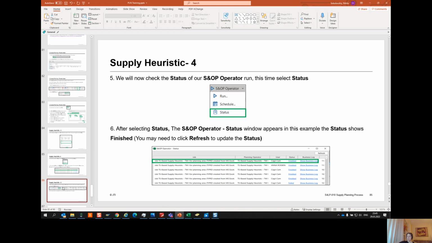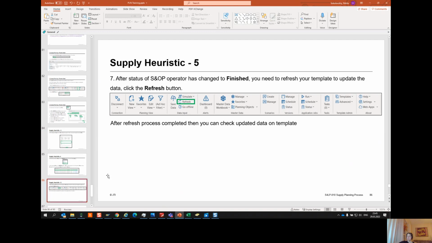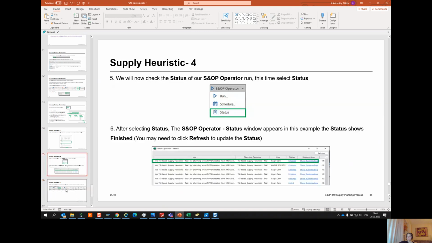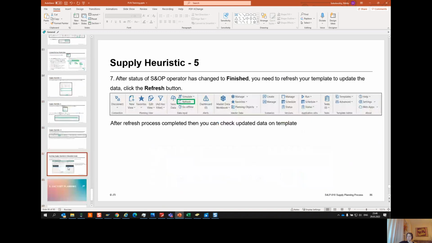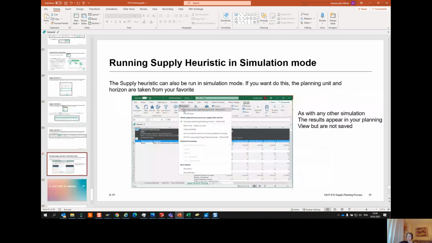So when they finish the run of the automatic script, they refresh the template to see the data updated by the system. And as I said, they can run some simulations to see what if we provide these constraints, what if we apply those constraints, and so on.